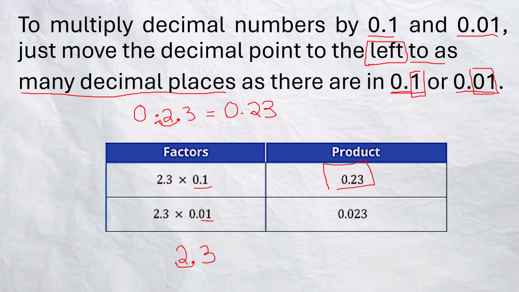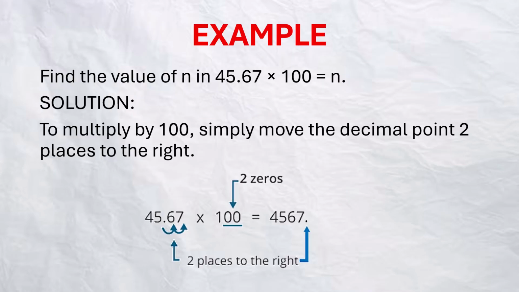So 1, 2. And then put here our decimal point. Again, notice that there is an empty space here. So we put a 0 and then a 0 for our whole number part. So we now have 0.023 as our product.